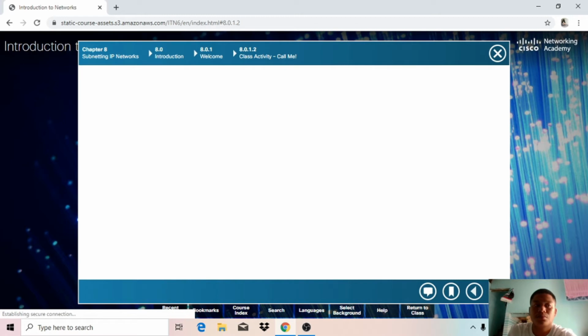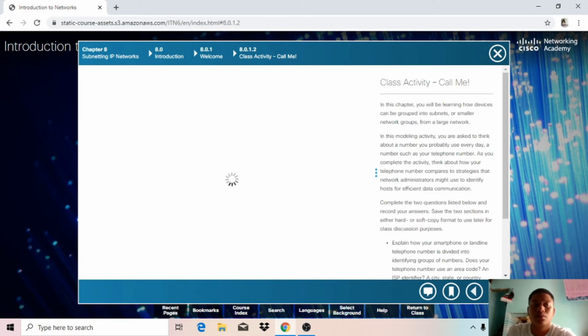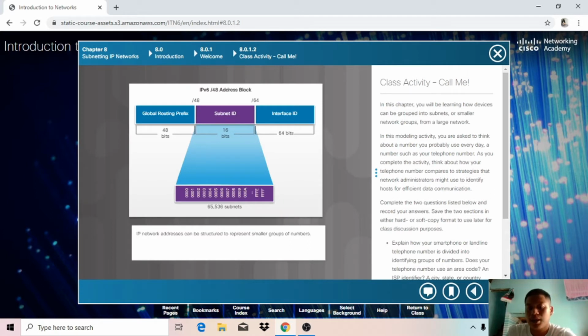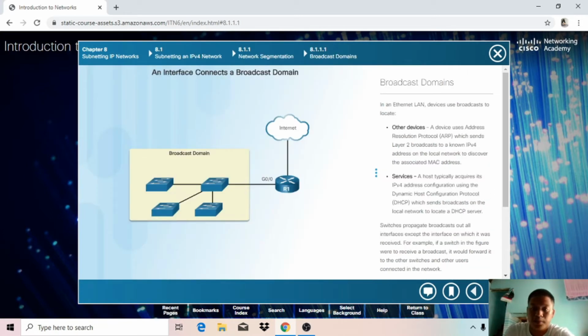This is the broadcast domain. Ethernet LAN devices use broadcast to locate others. This is an example of a broadcast domain. This is router one, this is the internet, these are the switches.